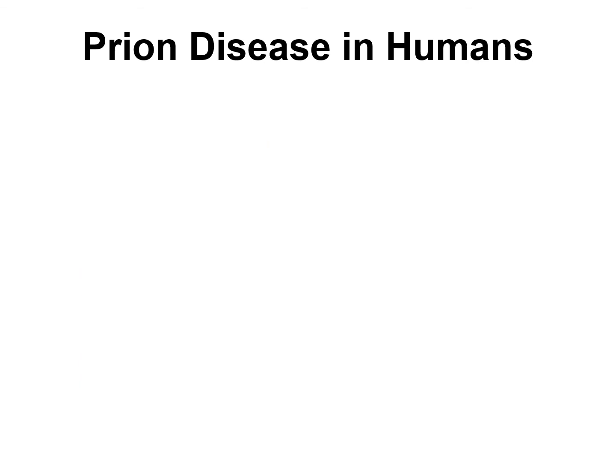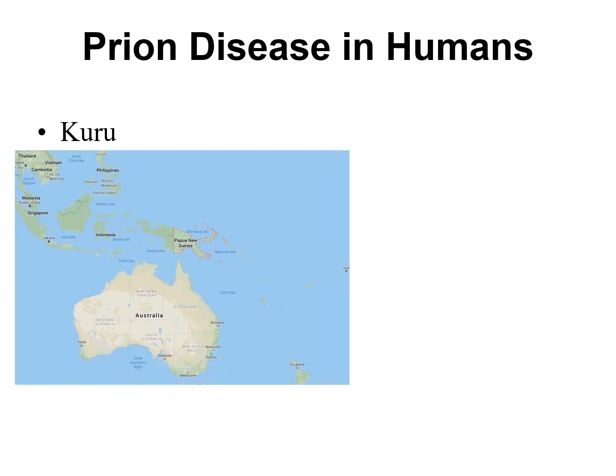A second type of prion disease in humans is called Kuru, and Kuru is actually acquired. So you can acquire this prion disease by eating infected nervous tissue. And this was identified first in Papua New Guinea. In New Guinea, they had an epidemic of Kuru.